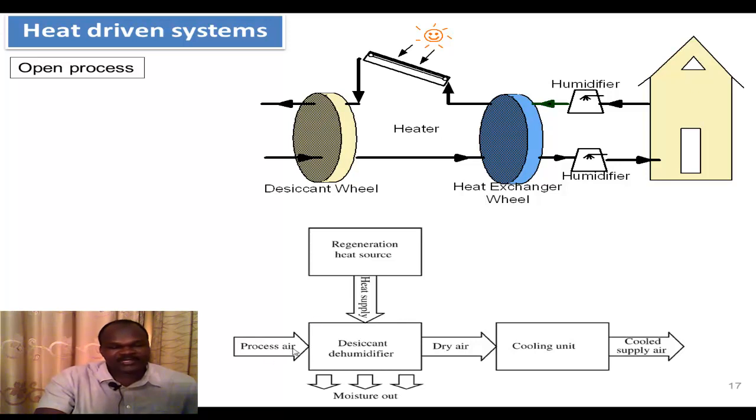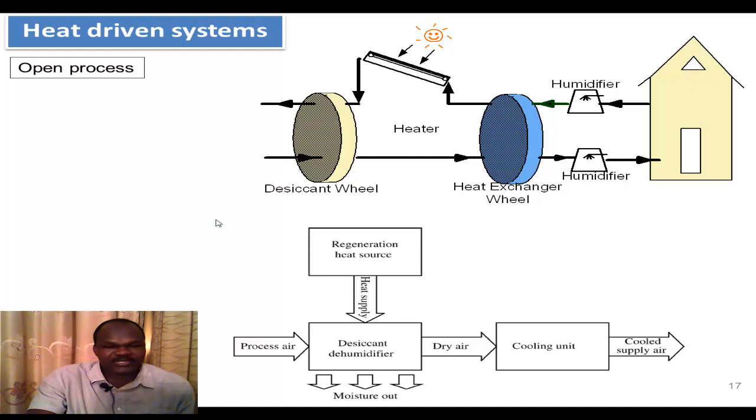So process air comes in, the desiccant dehumidifier takes up the heat, and you get some dry air. Then you spray some water in the dry air, the air gets cooled, and you use it. And then you need to regenerate your wheel.